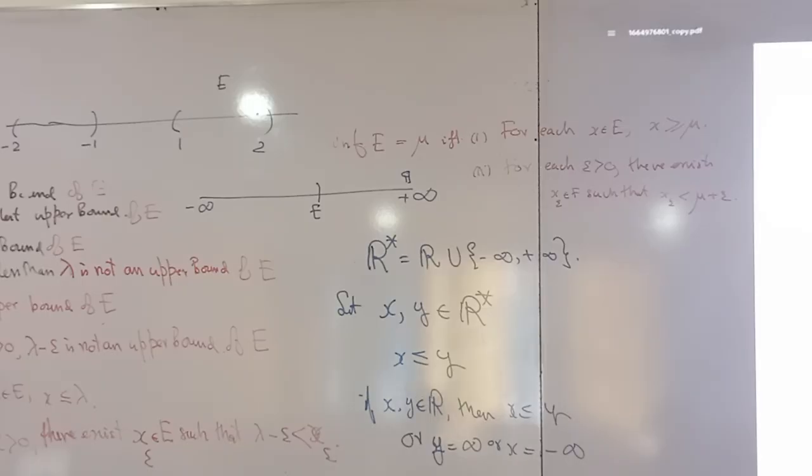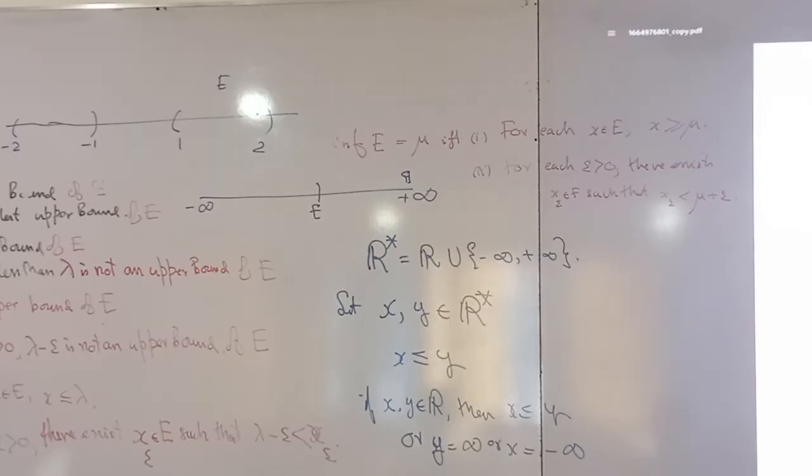For every x belonging to E, we have x less than or equal to sup E and x greater than or equal to inf E. This is an exercise, but let's prove part A here. E is a subset of R star, so it may contain plus infinity, minus infinity, real numbers, everything.